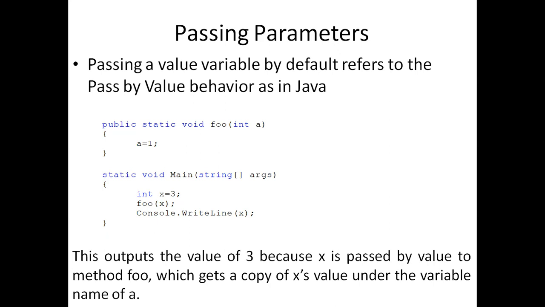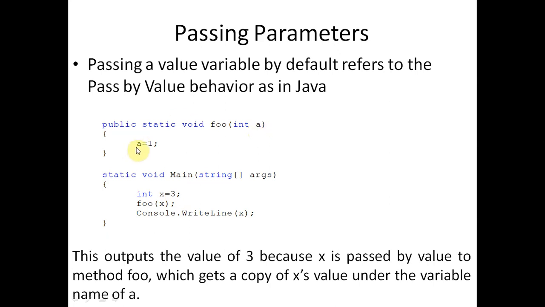And this is another program. Passing a value variable by default refers to pass by value behavior in Java. Here we have one program, public static void main with String args, and we have x equals 3, and we are passing this x to the foo function. You can see here public static void foo with int a, which means x is transferred to a, and the value of x is 3, so 3 is transferred here.